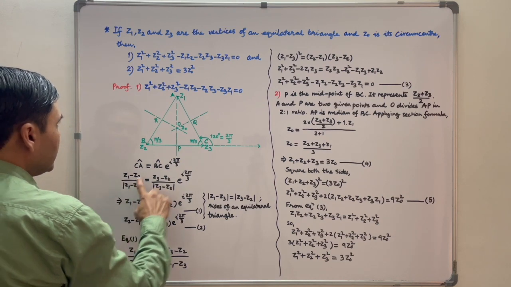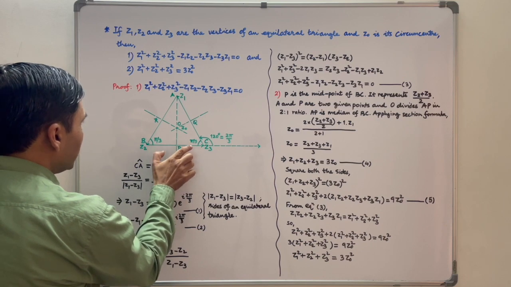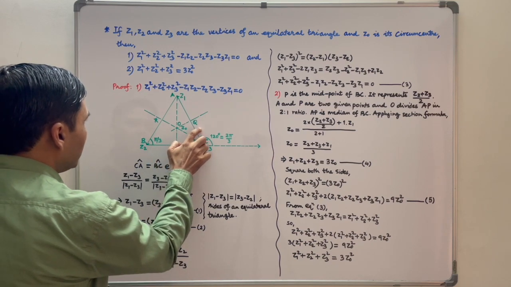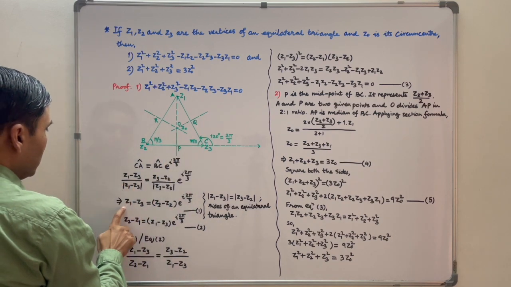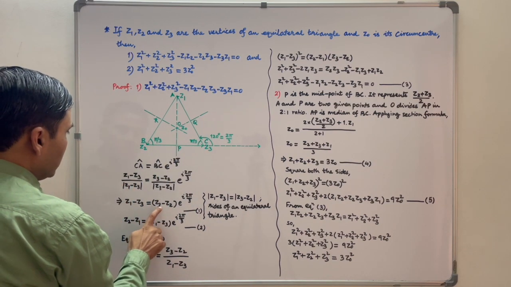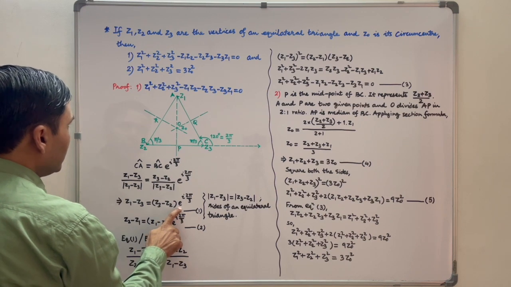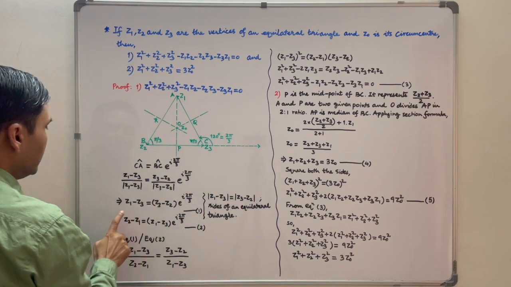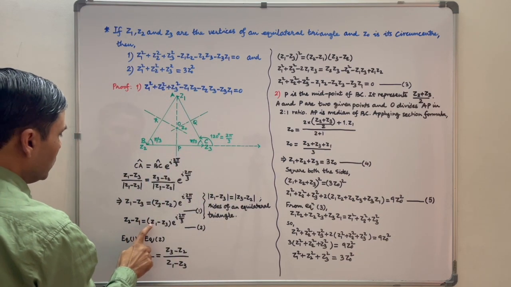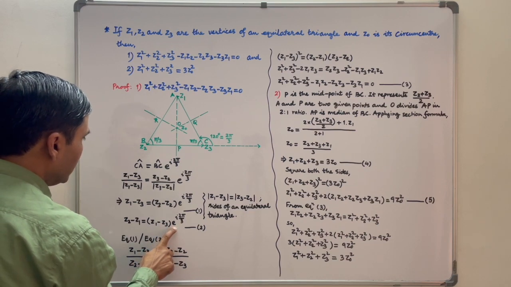Mod Z1 minus Z3 is equal to mod Z3 minus Z2 because they are sides of an equilateral triangle which are equal. So Z1 minus Z3 is equal to Z3 minus Z2 into e to power i 2 pi by 3. Similarly, we can extend side CA and say that Z2 minus Z1 is equal to Z1 minus Z3 into e to power i 2 pi by 3.